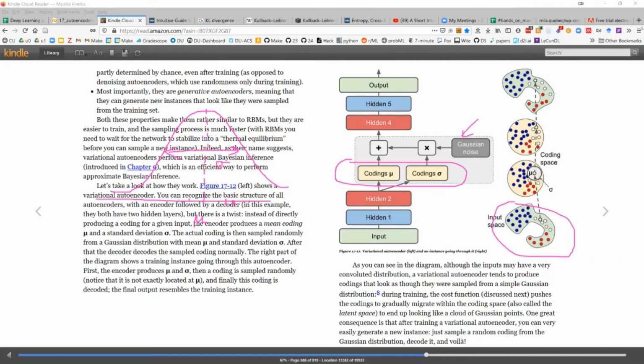Right, but what determines the pretense being Gaussian? That is my question. My assumption reading through it was, if you read the paragraph, it says that the latent loss pushes the autoencoder to have codings that look as though they were sampled from a simple Gaussian distribution.